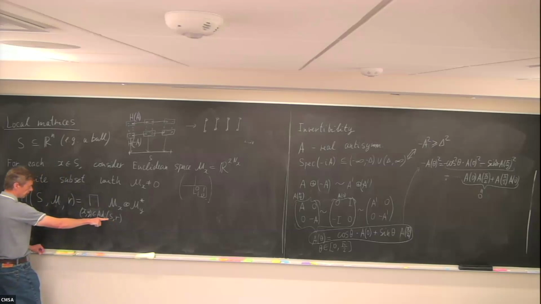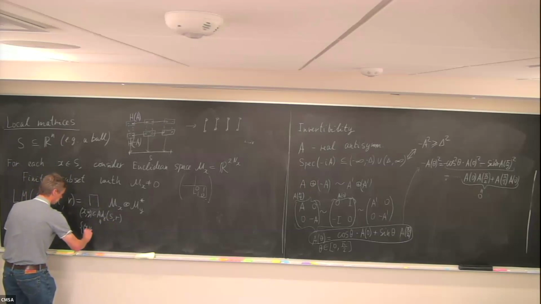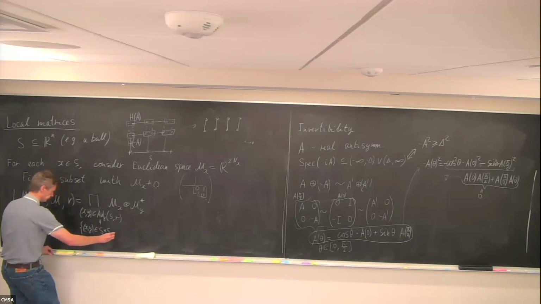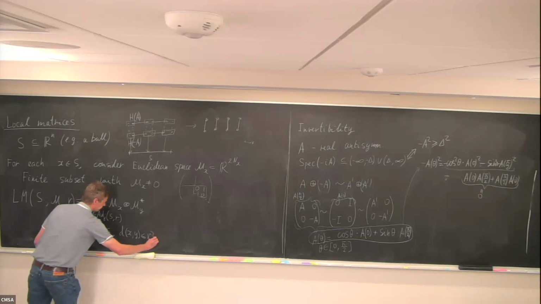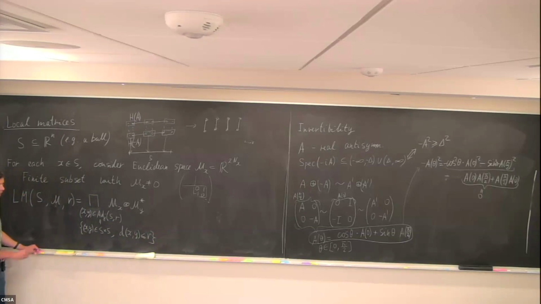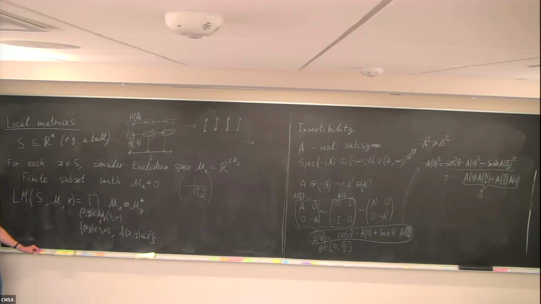This is the set of adjacent pairs, which is equal to the set of pairs of distance at most R. And this is the dual space, which is isomorphic to the space itself, because it's a Euclidean space.